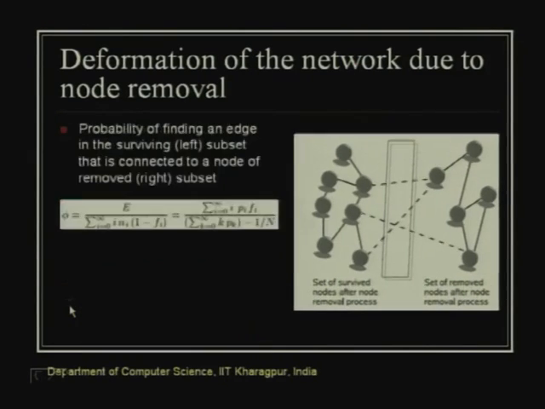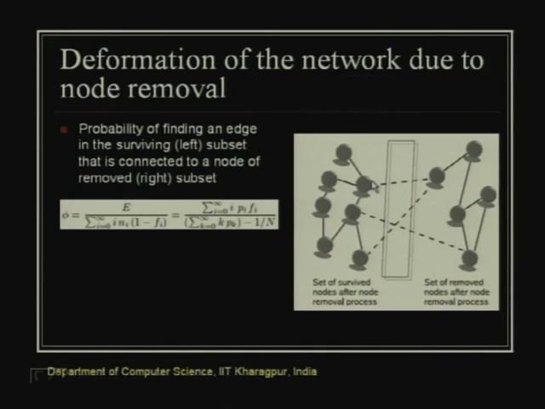Clear? So, once I get the number of edges, I want to find phi. What is phi? It is the probability of finding an edge in the surviving set that is connected to a node of the removed set. So I have an edge in the surviving set whose other end is in the removed set.